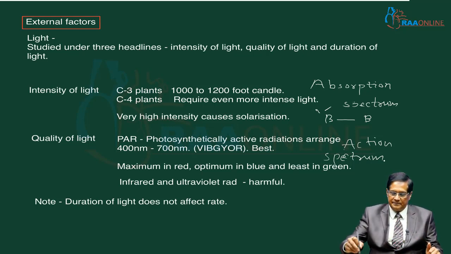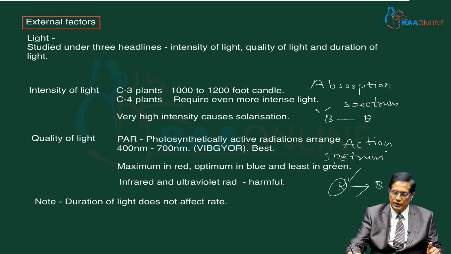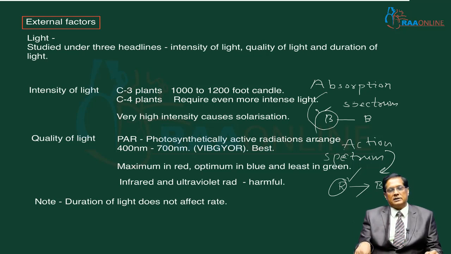In that case, red light is better than blue. Red is better than blue as far as action spectrum is concerned, and in case of absorption spectrum, blue is better than red. And absorption spectrum and action spectrum were studied by T.W. Engelmann.